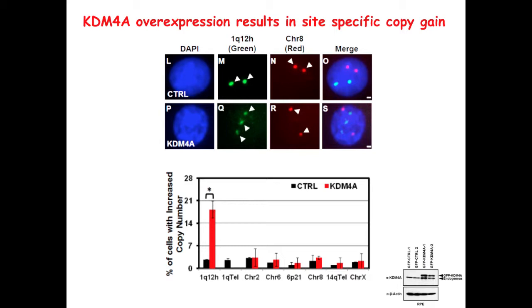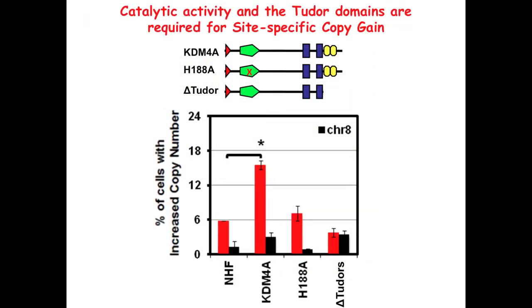Now this could be some genetic twist, it could be some strange aberration. So we went on to do the following experiment where we introduced the enzyme transiently. Now this is really important. Many of the experiments I'm going to tell you about, we introduced the enzyme transiently under 24 hours. So it's only one complete cycle. And when you do this, you can create the gain. In this case, the red is the region of interest, 1q12, and this black is a different centromeric probe.